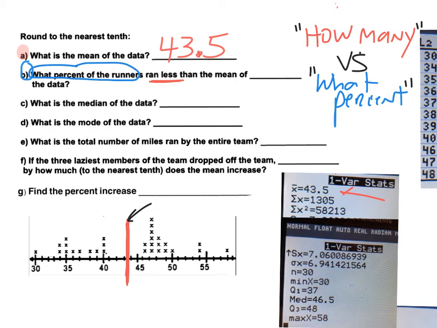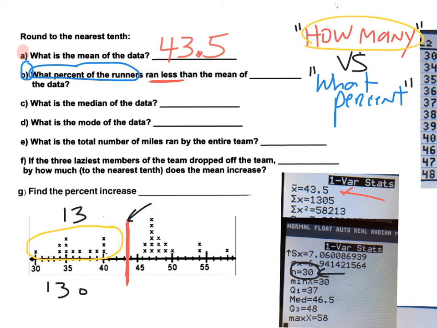In order to figure out what percent, first I'm going to count up how many runners ran less than the average. So I'm going to count up how many X's there are to the left of 43.5. And it turns out that there are 13 X's to the left of 43.5. So 13 runners ran less than the mean. But here we want to know what percent of the runners. So 13 of the runners, how many total runners were there, or how many data values were there?